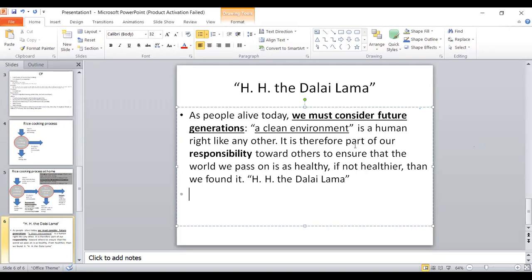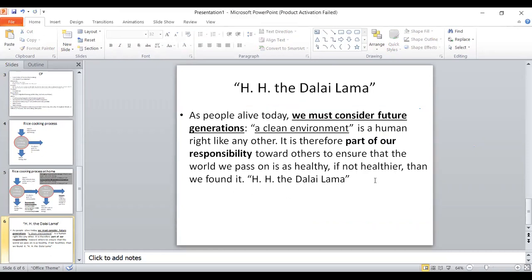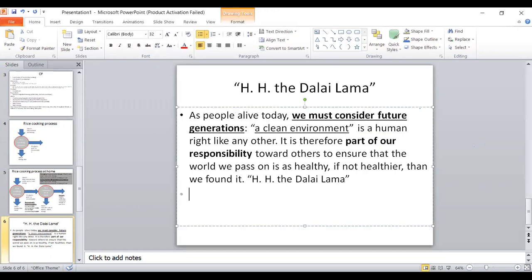So it's part of our responsibility. We have to pass on a healthier world. You can realize that this has a connectivity with consumption and production modes.